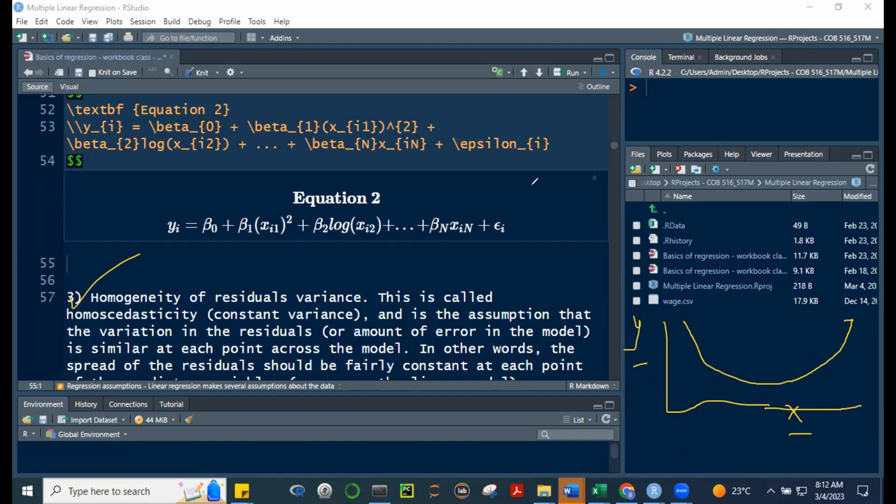When we say homogeneity of the residuals variance, when we plot the residuals, for example this is your residuals E, and this is your fitted value, y hat, for a multiple linear regression, the residual should behave in such a way that the variance should be constant.